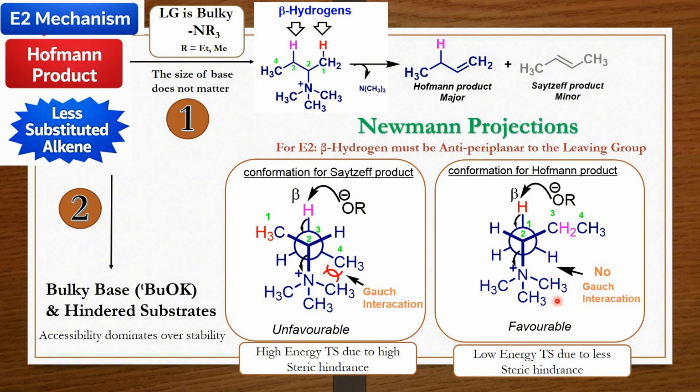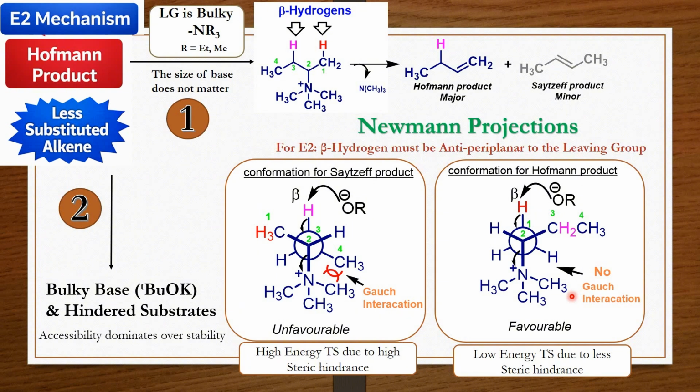So remember that whenever you have a bulky group, the Hofmann product will be major, because in the transition state it has less steric hindrance and hence low transition state energy. Therefore, this is the kinetically controlled product.